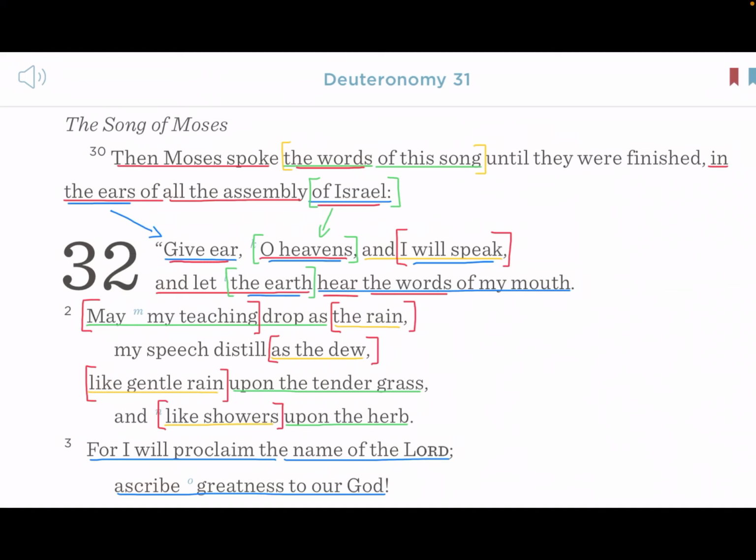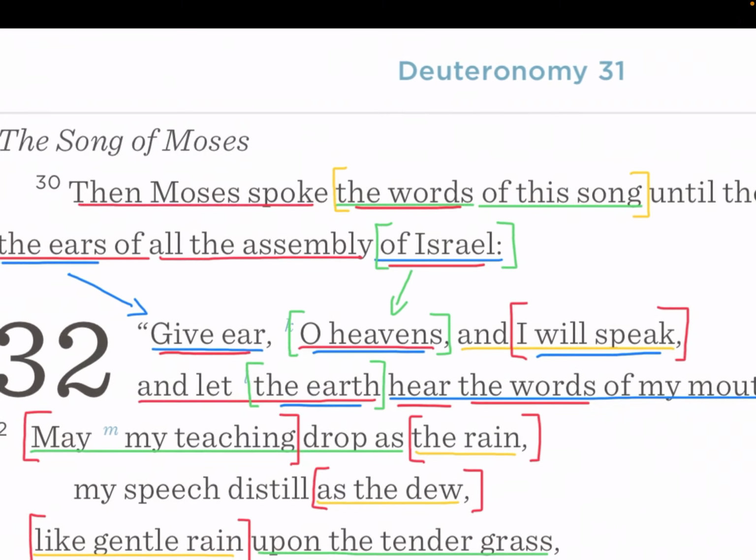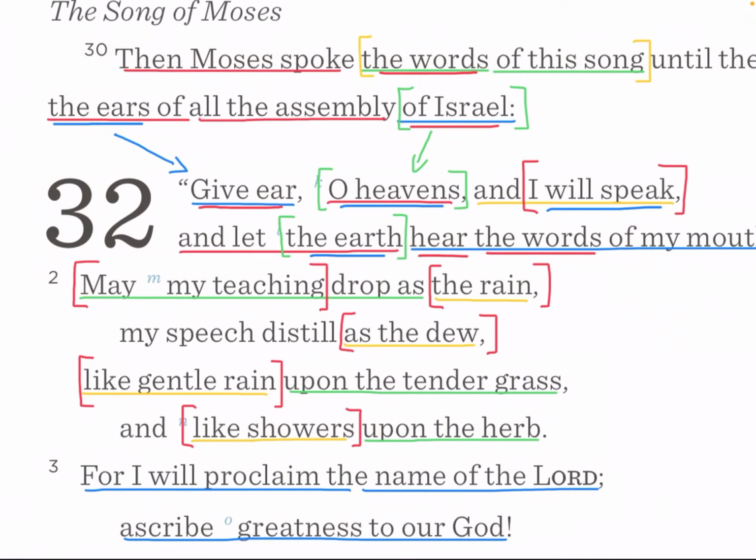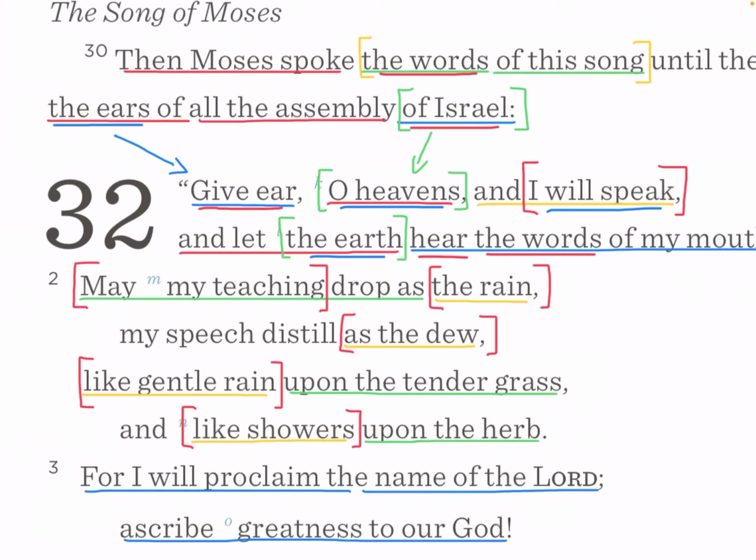Then Moses spoke the words of this song until they were finished in the ears of all the assembly of Israel. Now pay close attention to that line. Then Moses spoke the words into the ears of Israel. "Give ear, O heavens, and I will speak.